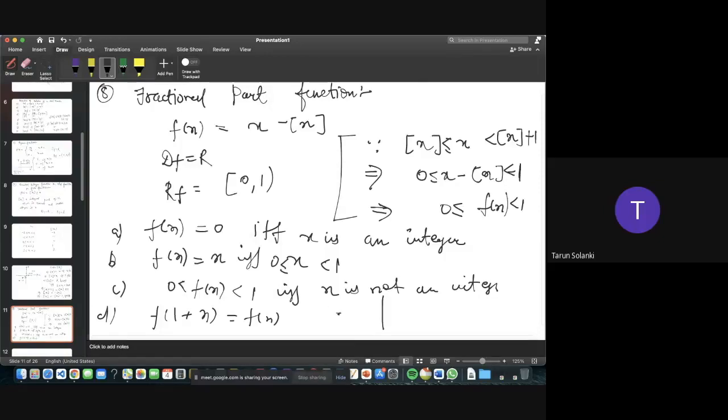Like the graph, if we talk about the graph, the graph will go up like this. The graph will be like this only, right?